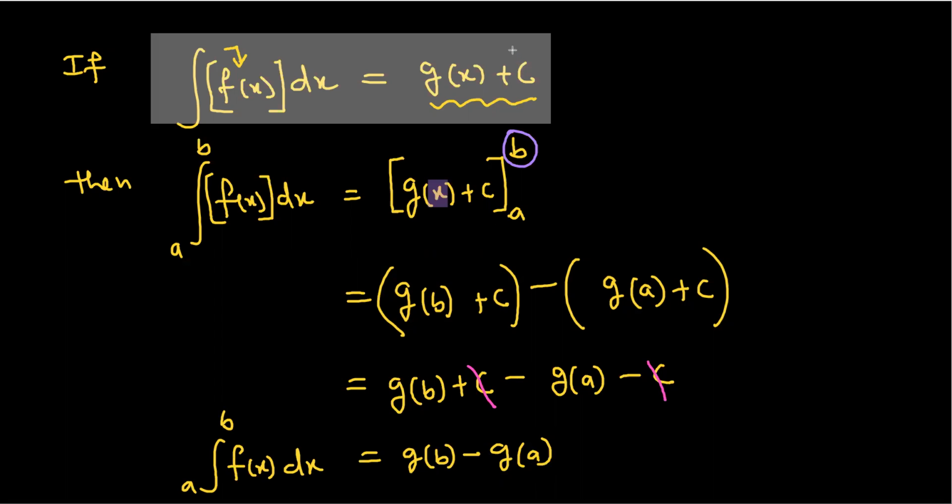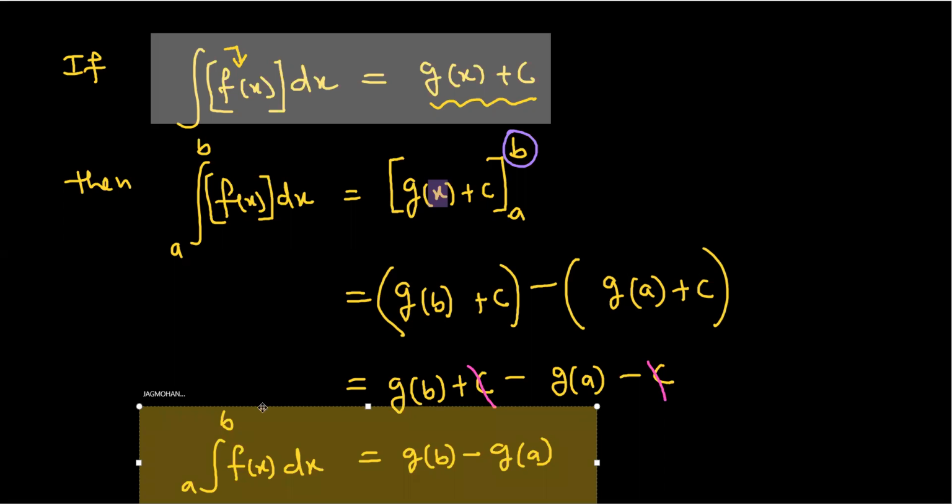I'm noticing that the constant of integration is getting cancelled here. Plus c minus c, it gets cancelled. This makes me conclude that if I'm integrating in an interval, I shouldn't be writing the constant of integration. If I'm integrating in an interval, there is no need to add it.